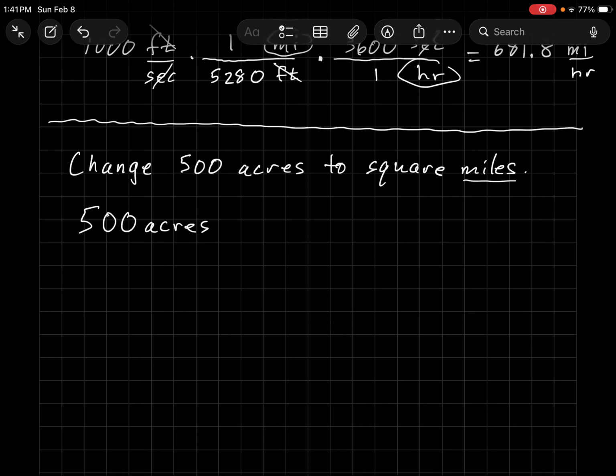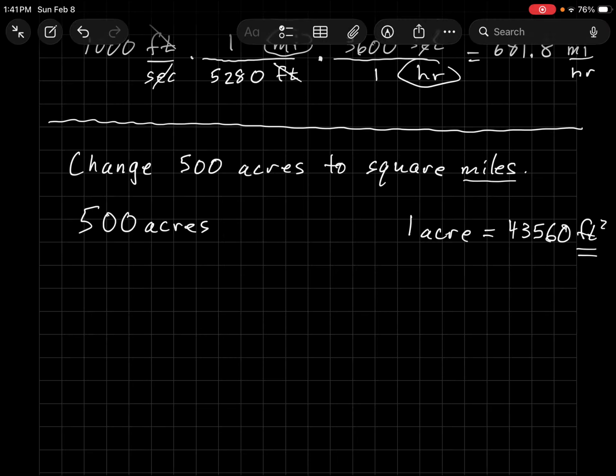But can we always get there directly? That is, is there some sort of conversion factor between acres and square miles? Well, there is, but maybe we don't know that. Maybe we know instead that 1 acre will equal 43,560 feet squared. So maybe I can't go directly from acres to miles, but I can go through an intermediary, in this case, feet squared.